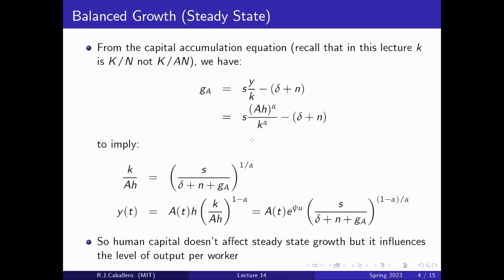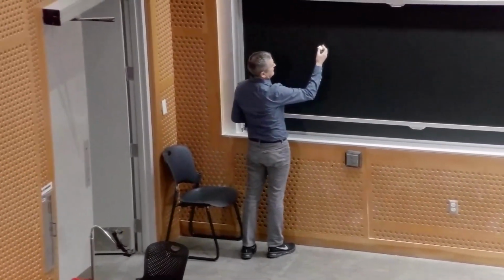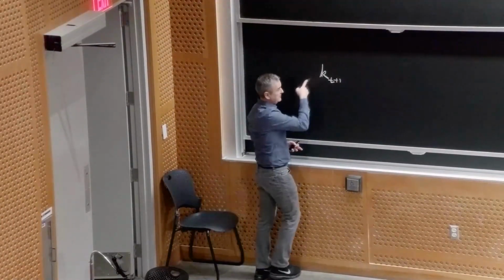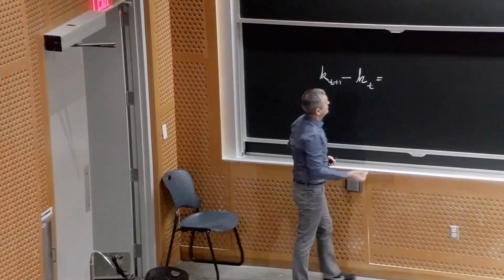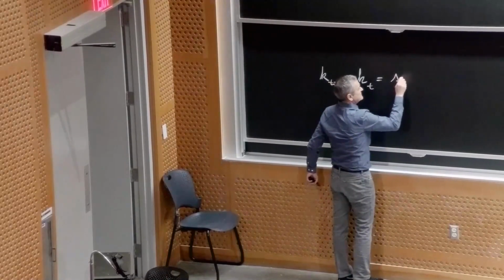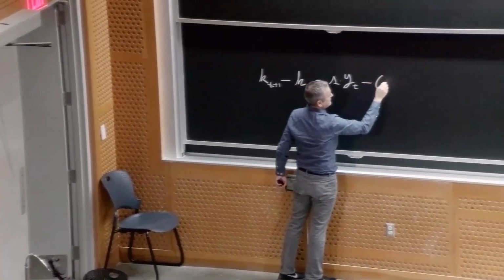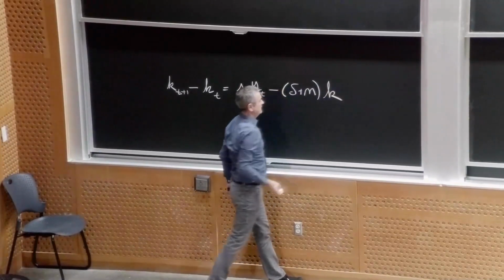From the capital accumulation equation, remember the capital accumulation now written per person will be k_{t+1} minus k_t equal to s times y_t minus (delta plus n) times k_t.